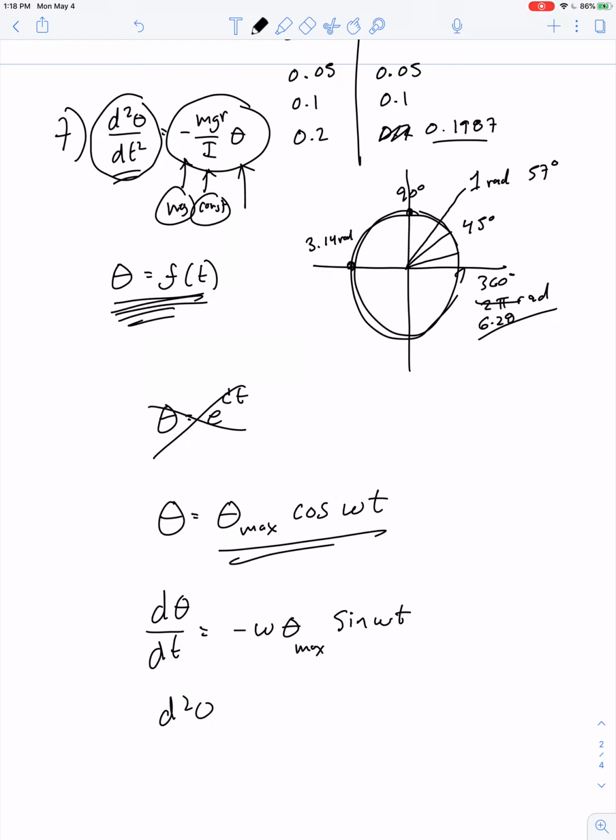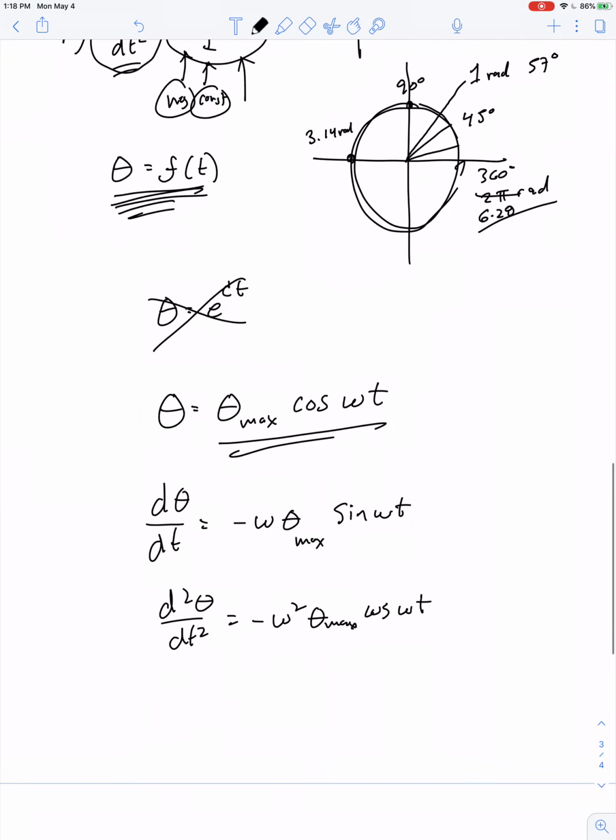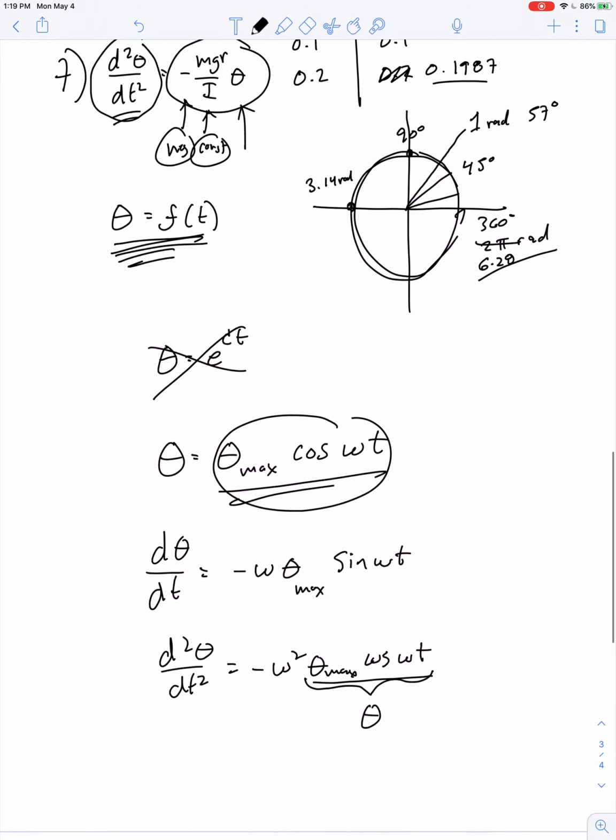If I take the second derivative I get negative omega squared theta max cosine omega t, and then we see all of this theta max cosine omega t, well, that just is theta itself. So we've done it.